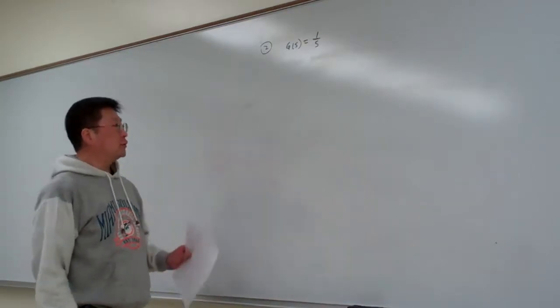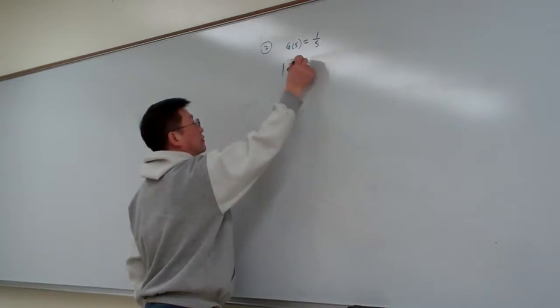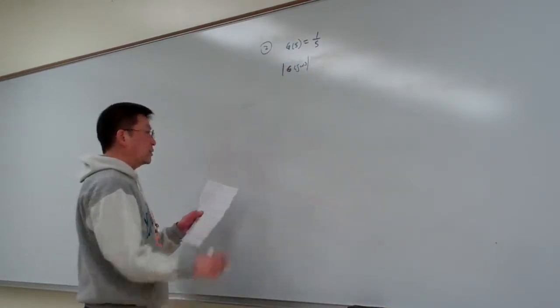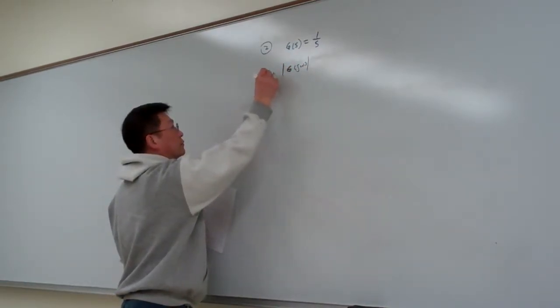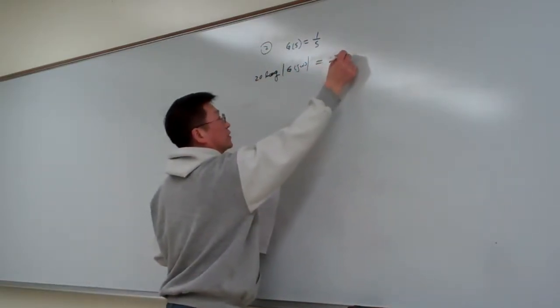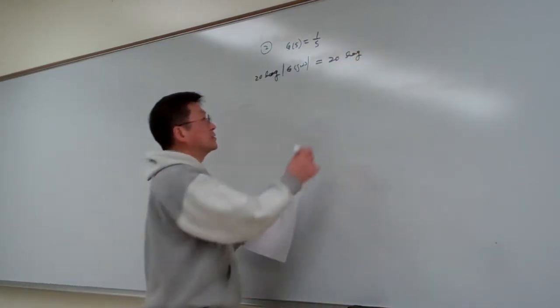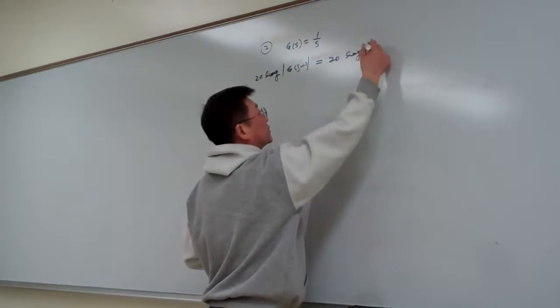So if G will be like this, then we can see its magnitude. And if we want to convert it into the decibel, basically that is equal to 20 times, we do the calculation first and then we plot.